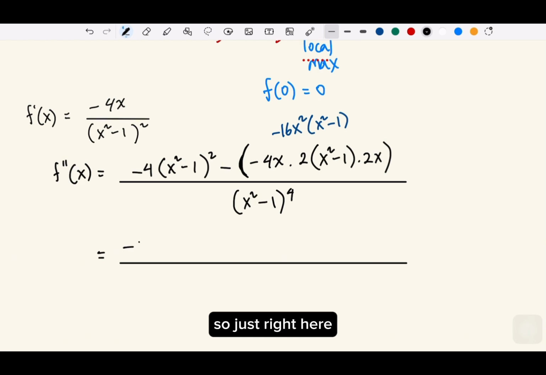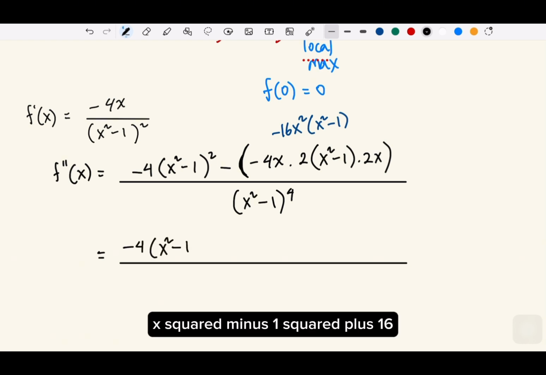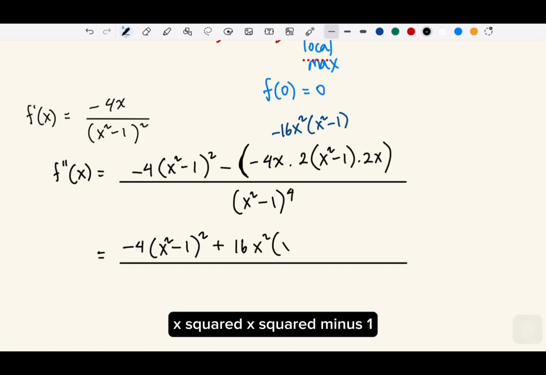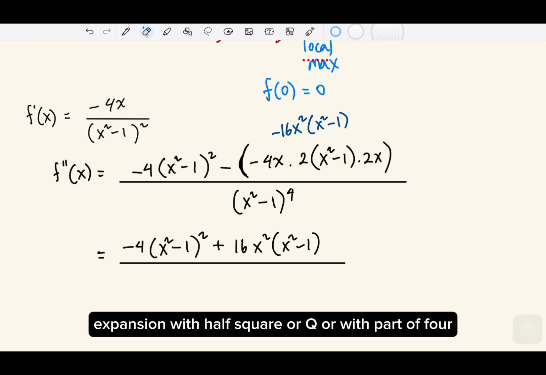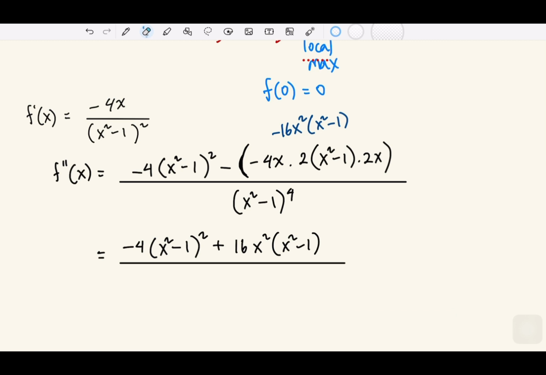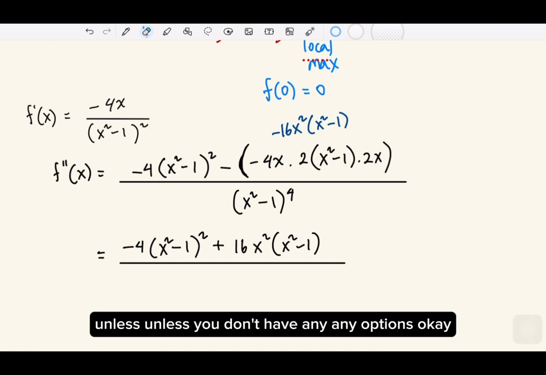So just write here x squared minus 1 squared plus 16 x squared minus 1. My suggestion here, whenever you have a complicated expansion with a square or cube or with power of 4, do not expand first, okay? Unless you don't have any options. If you don't have any option, then you can expand.